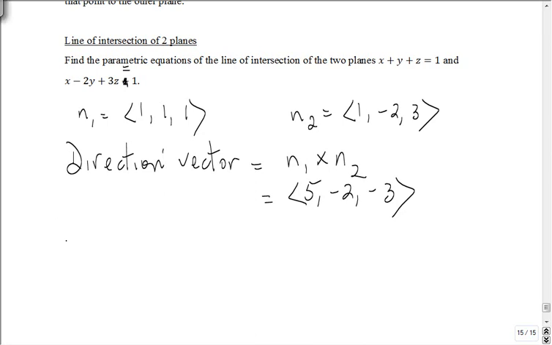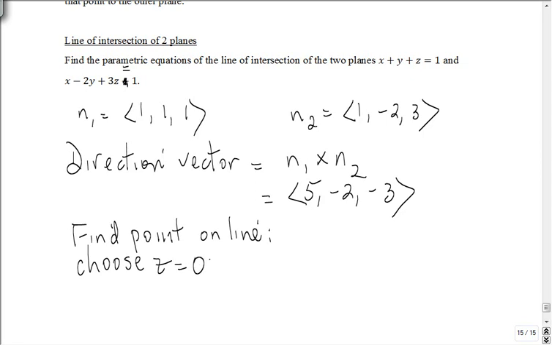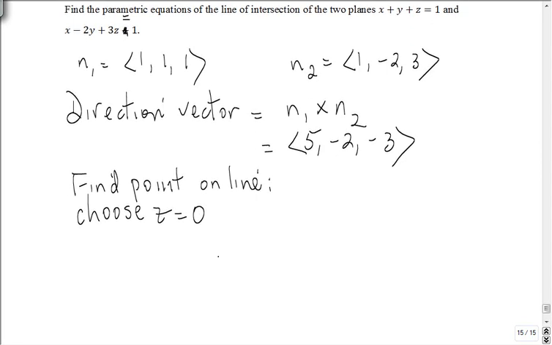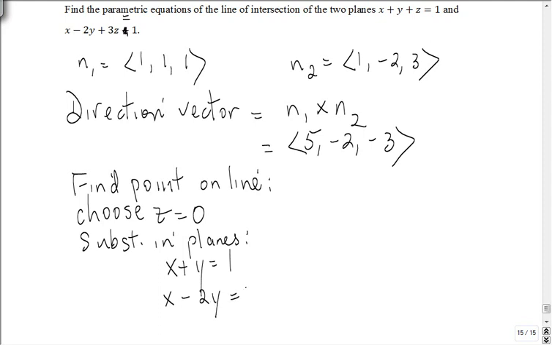So let's find the point on the line. So choose z equals 0, substitute it in the planes, we get x plus y equals 1, x minus 2y equals 1.